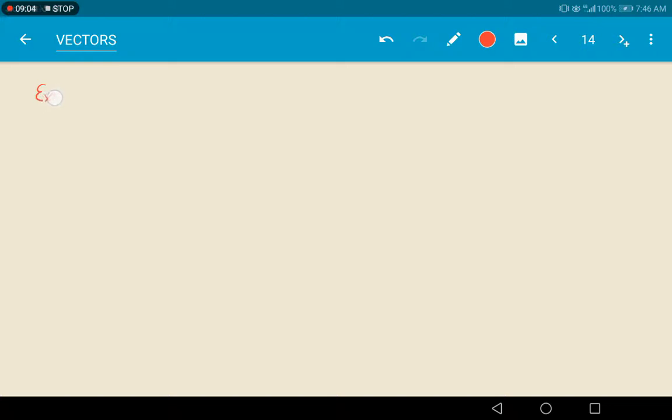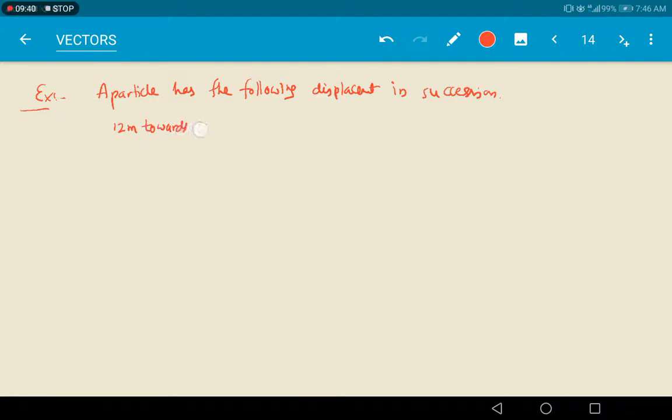Alright, let us take one more example. In the question they have given that a particle has the following displacements in succession, that is, in what way the object is moving: 12 meter towards north, 12 meters towards east, 5 meter towards north, and then 6 meter vertically upwards.